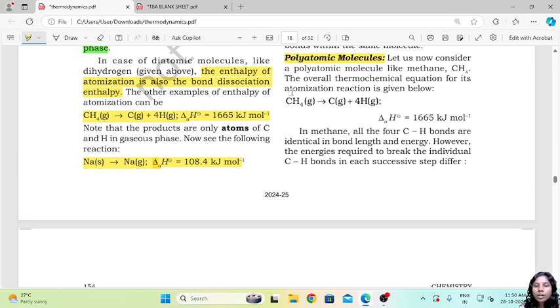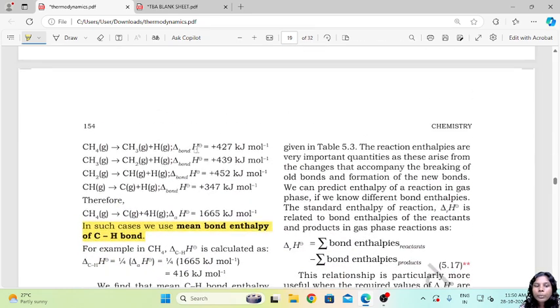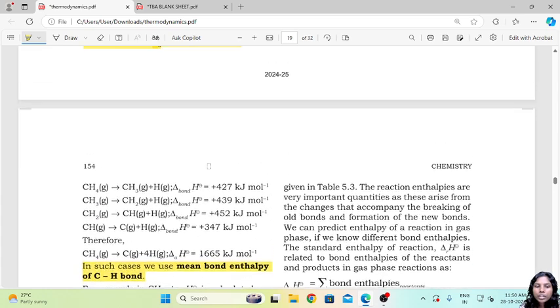But it won't dissociate in just one step. This will be a multiple step reaction, wherein CH4 will first lose one hydrogen, so we'll have CH3 and H. In that case, the bond enthalpy for the first reaction will be different, correct.